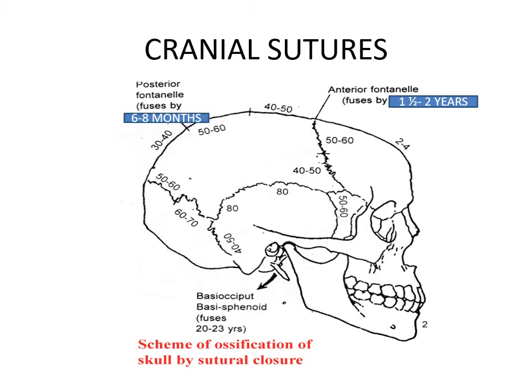So the fusion of these bones gives us an idea at what age each of the bones gets fused, and that's how we estimate age.